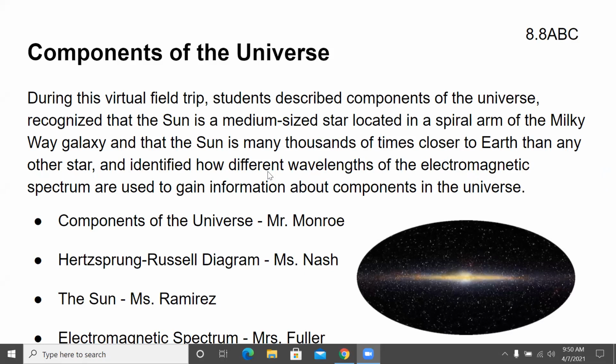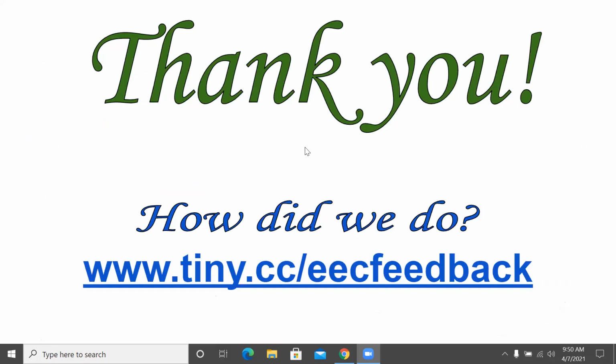That's pretty interesting. There are components in the universe down to using it to cure cancer. Components of the universe by Mr. Monroe. The HR diagram by Ms. Nash. Ms. Ramirez talked all about the sun, and Ms. Fuller talked about the electromagnetic spectrum.